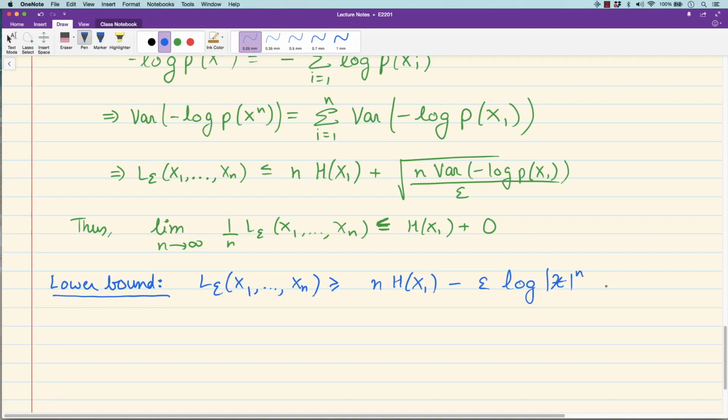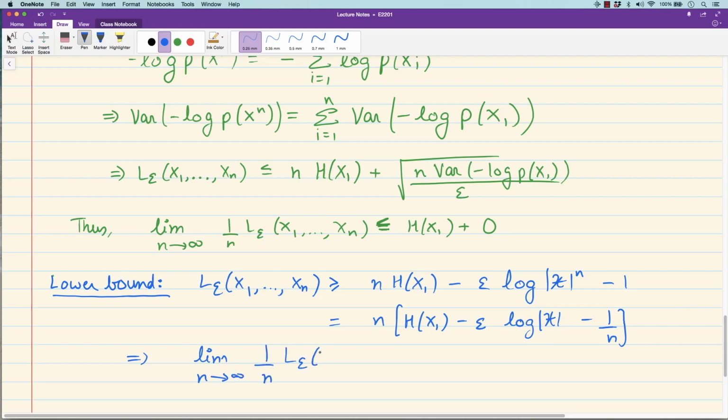There's a minus 1, but that doesn't help us much, so I just remove it. So this is n times h of x1 minus epsilon n log cardinality of x minus 1. So if you divide by n and take this limit, this is greater than or equal to h of x1 minus epsilon log cardinality of x.